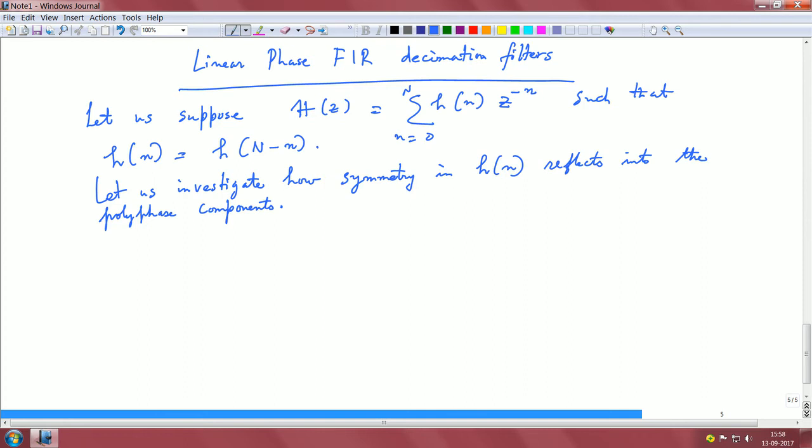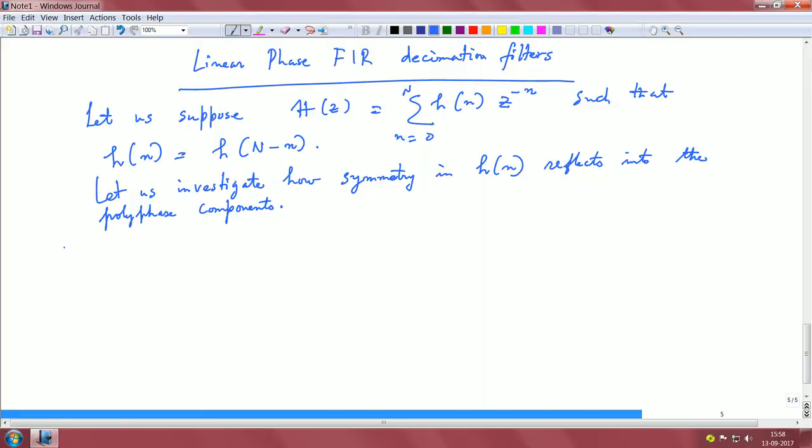Now for any capital N, there are only two possibilities, N could be odd, N could be even, right. So let us just take some examples here, sort of get a feel for what is happening.